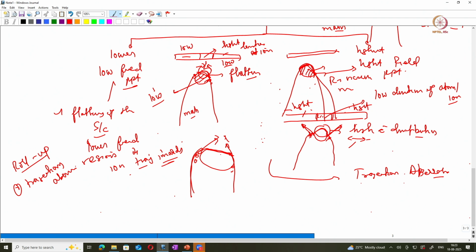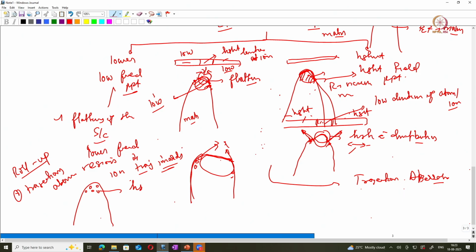and the third type of aberration is related to this: if you have a needle specimen, there are certain atoms which need a high evaporation field for field evaporation.